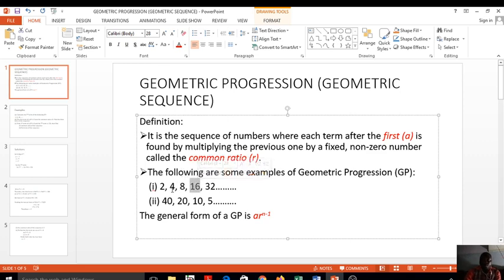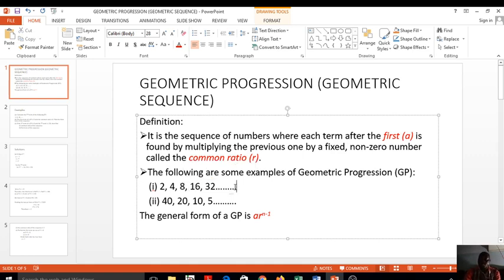For us to get 4, we are multiplying 2, the first one, by 2. And for us to get an 8, we multiply 4 by 2. Likewise, to get a 16, we multiply 8 by 2.